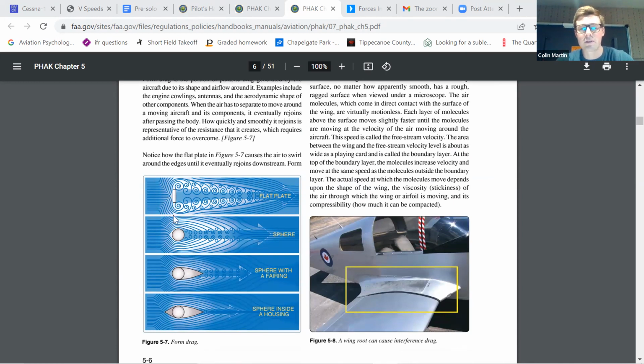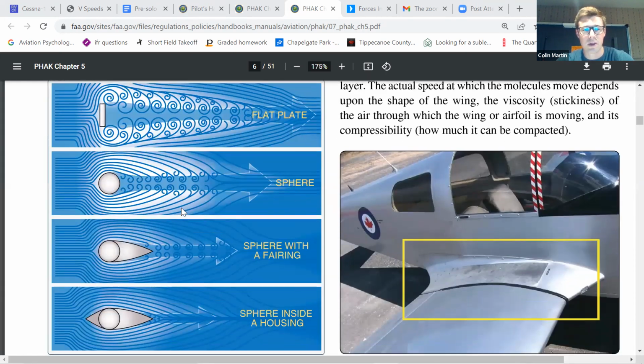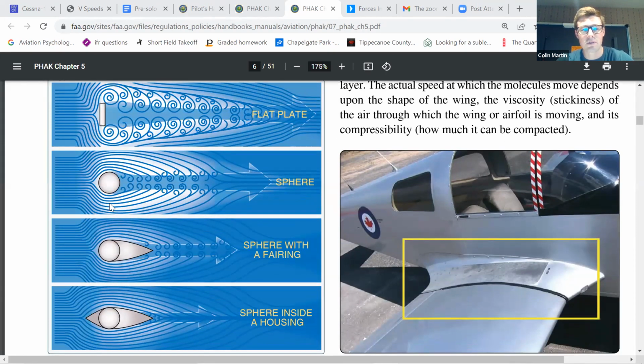Okay. So you can see here on this figure how these different shapes have less and less drag as we get lower. See how the air eddies.